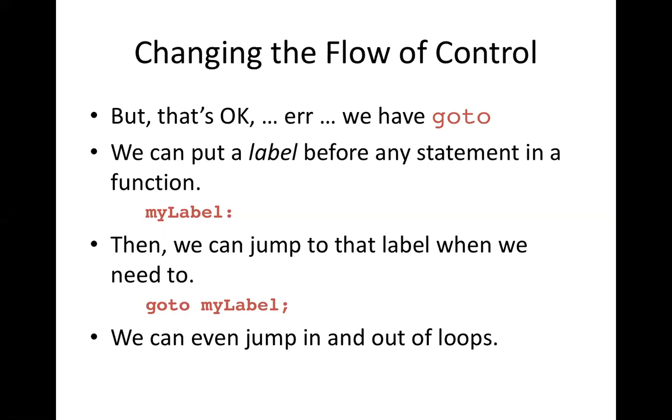So this would let you be in as deeply nested code as you want, and you could jump all the way out of it by just jumping to a label that's out of it. It would even let you jump into loops if you wanted. That seems like a silly thing to do, but you could have a label inside a for loop, and you could jump into that for loop without really entering the for loop.